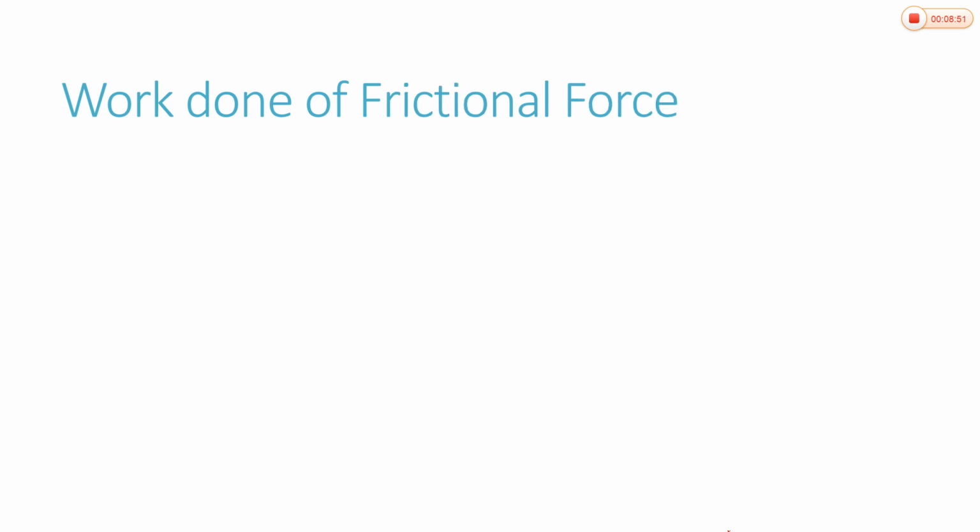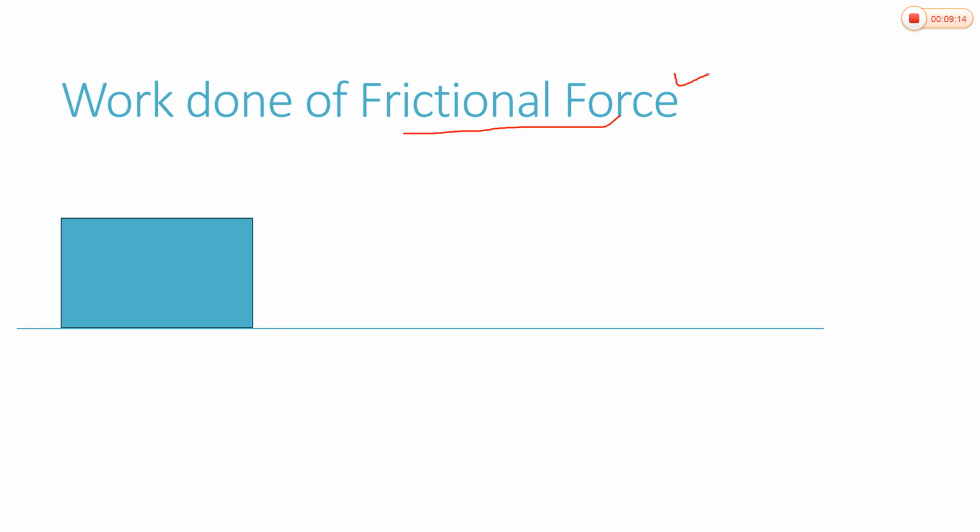Okay. Now the work done of the second force, that is frictional force. The concept of this frictional force we already studied in unit number 2. Coulomb laws of dry friction give us the frictional force. So let's find out the work done for this. Again we will take the example of the block.